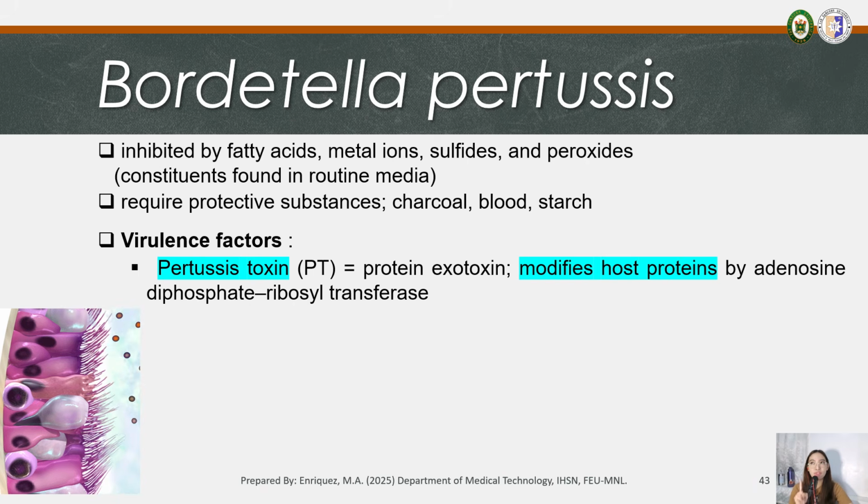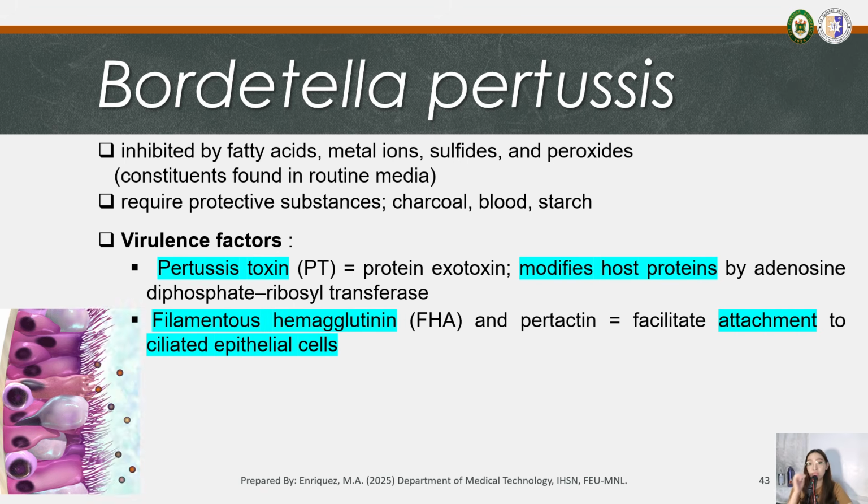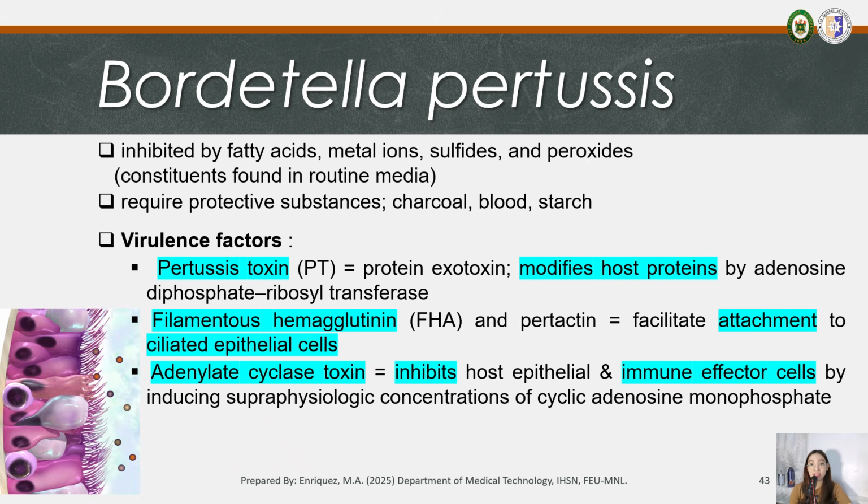Now, what virulence factors does Bordetella pertussis have? The most significant out of all of them would be the pertussis toxin that has the ability to modify host proteins. Other virulence factors include filamentous hemagglutinin, which helps them adhere to surfaces of the ciliated respiratory epithelium. Adenylate cyclase inhibits the action of immune effector cells.